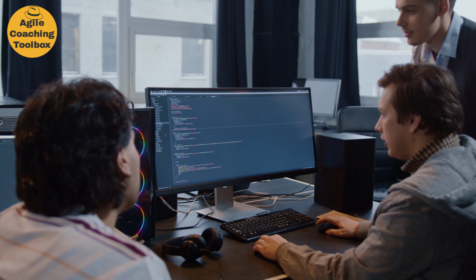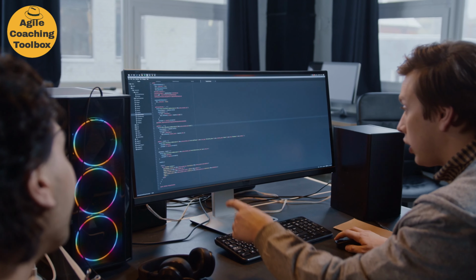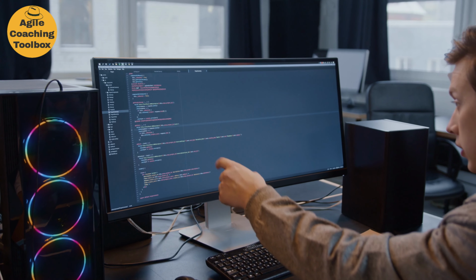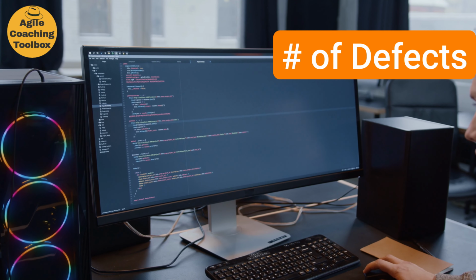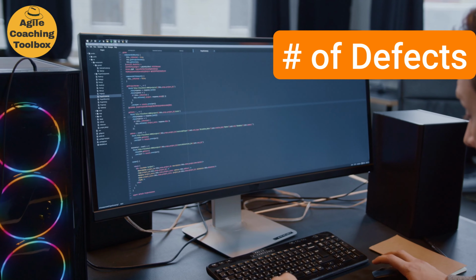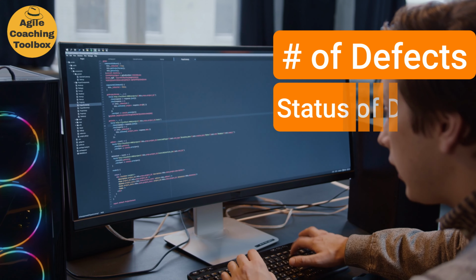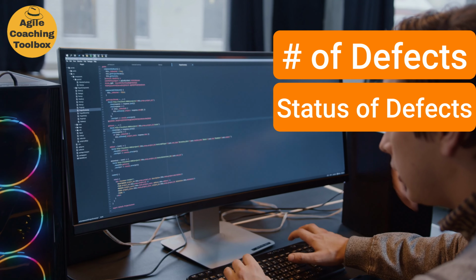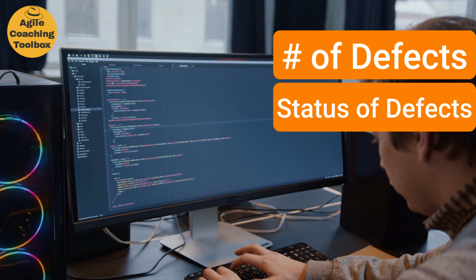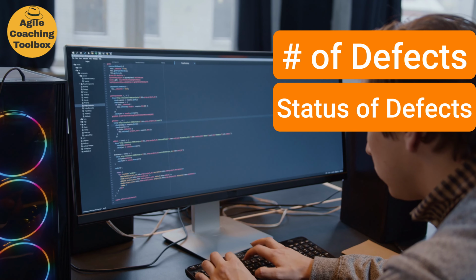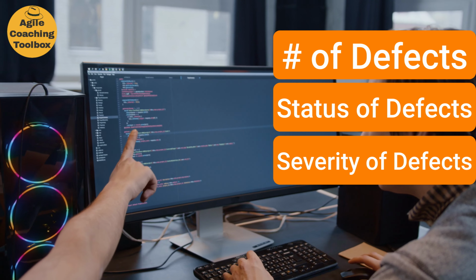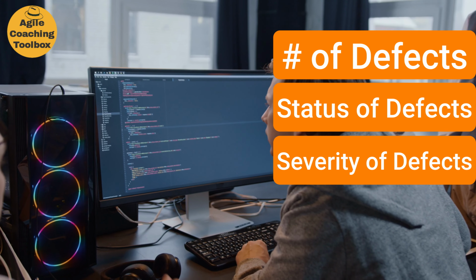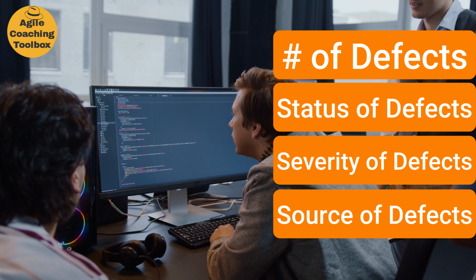There are a few different ways to track defects. One could be counting the number of defects found in the product. The other is tracking the status of the defects. Other way to look at it is tracking the severity of defects as well as tracking the origin of defects.